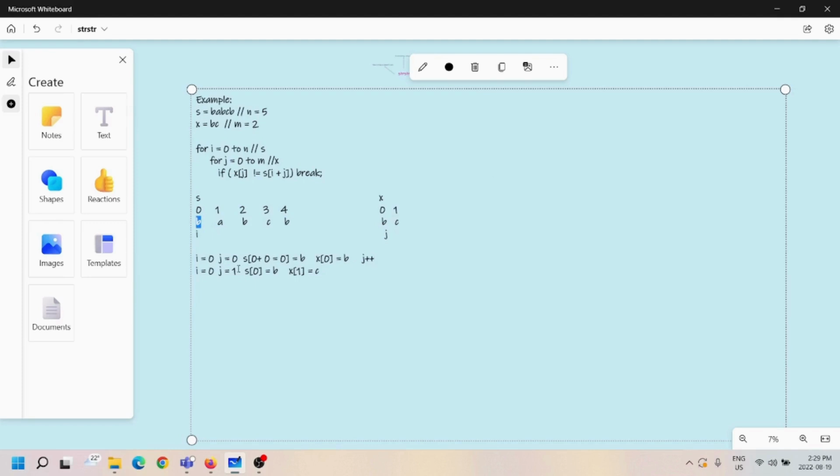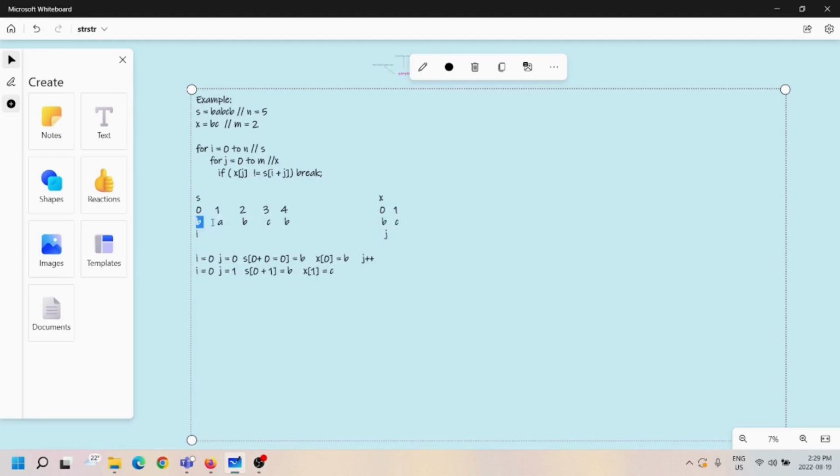Now the magic happens here. When I is 0 and J is 1, because J incremented, then S is no more just 0, but S is now 0 plus 1, which means I is at this place, J is at this place, but we are able to access one step further location. And that is what we were looking for, because the size of the substring is 2.